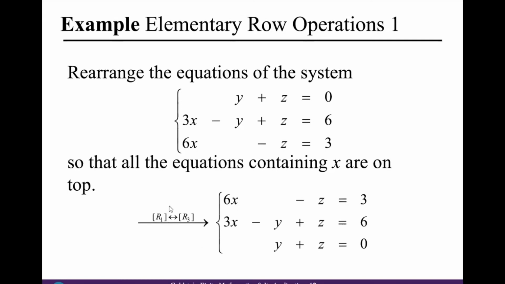Notice the notation that we use to indicate that we're doing that. R1 stands for row 1, R3 stands for row 3, and then we just use this double-headed arrow to indicate that we are swapping those two rows. So after we perform that row operation, we end up with this new system, which is equivalent to the old system. It has the exact same equations in it, just in a different order.